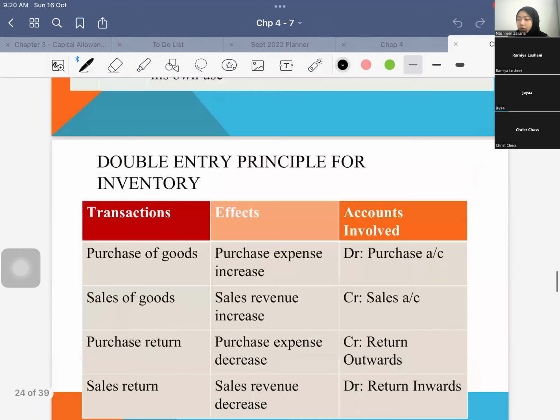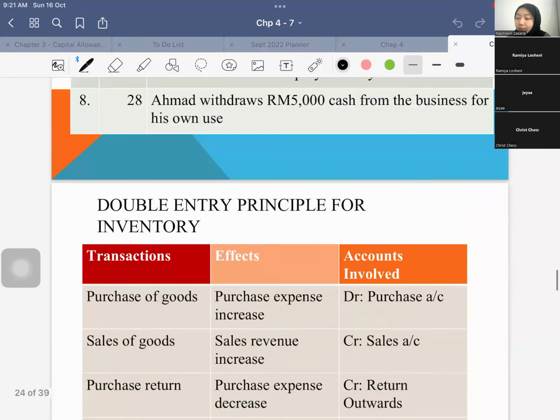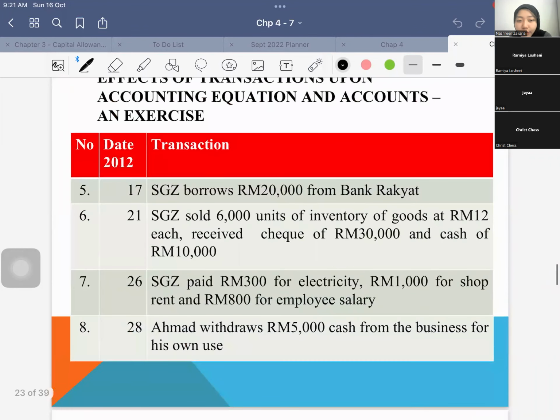Macam ni lah, journal tu I dah buka. So I thought you dah buat exercise yang I suruh tu so that kita boleh refer to the exercise answer and then buka the journal and buka the T accounts and straightly buka trial balance. But now I don't think we can do it because you guys tak prepare and tak buat lagi soalan ni kan.